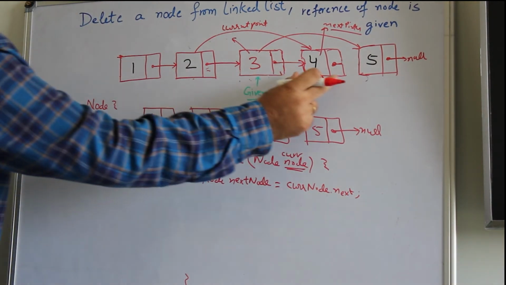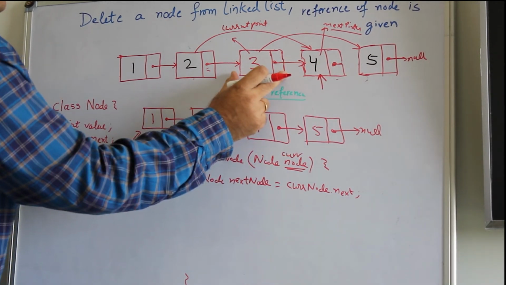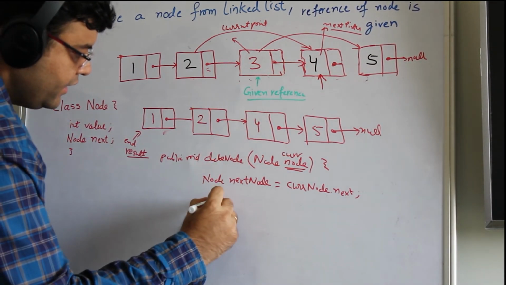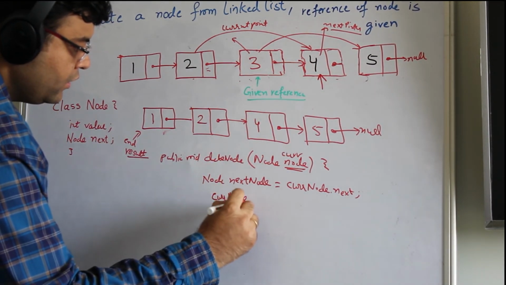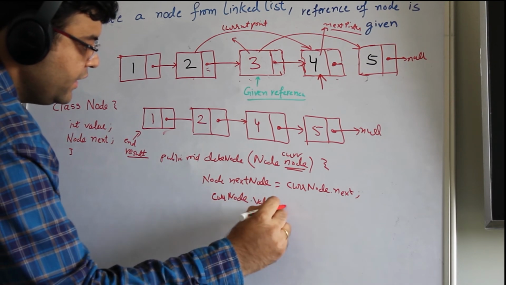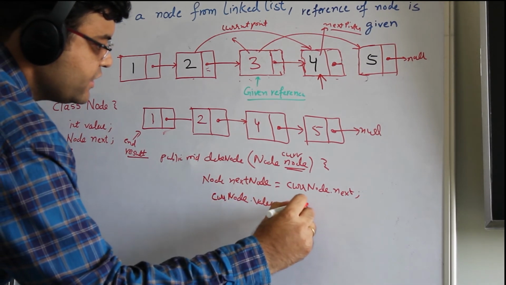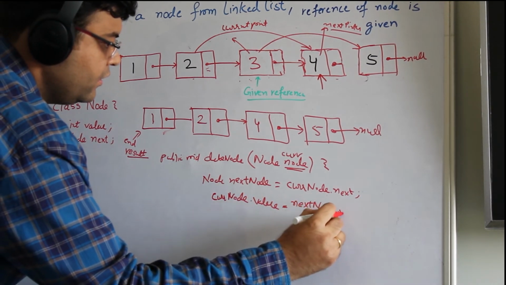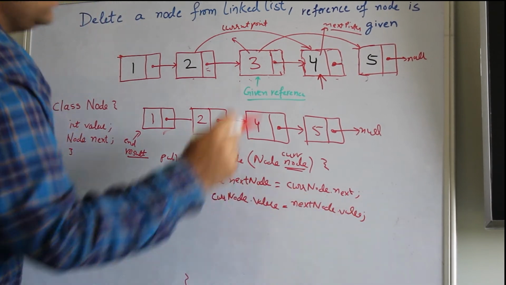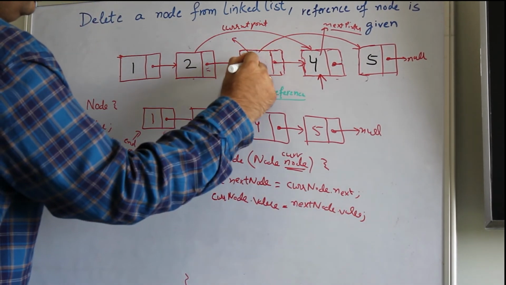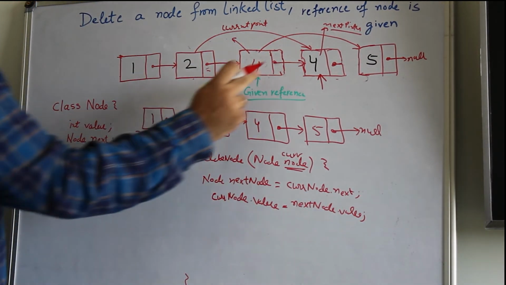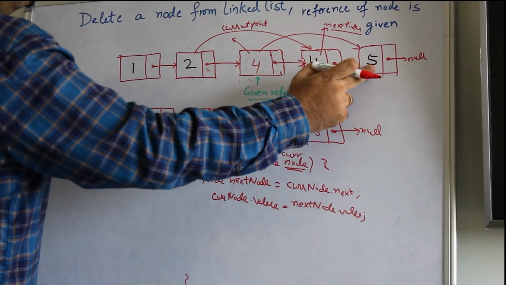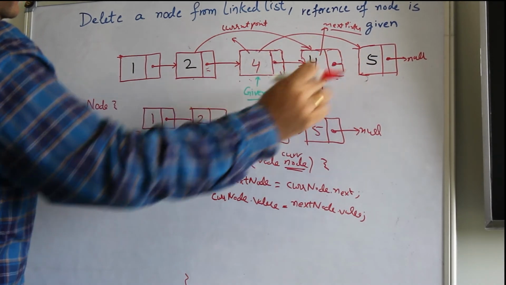Now we need to copy the next node's value into the current node's value, right? We'll say current node dot value equal to the next node dot value. So now this 4 comes here, right? Now we need to point this pointer to 5, because we need to remove this.